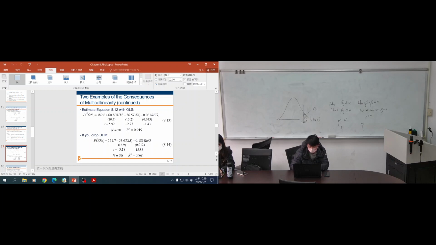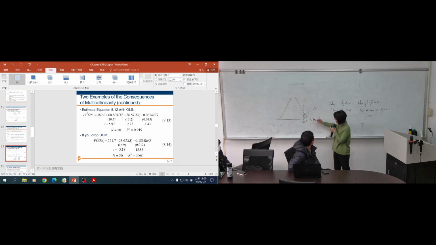Let's see this one first. What does this mean? The correct sign. The t value is 5.92. Where is it? Somewhere here, very small, because the number is big. And the p-value is the tail area of 5.92.